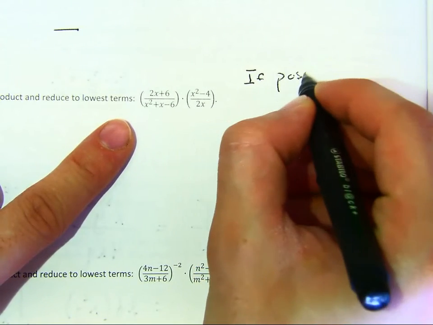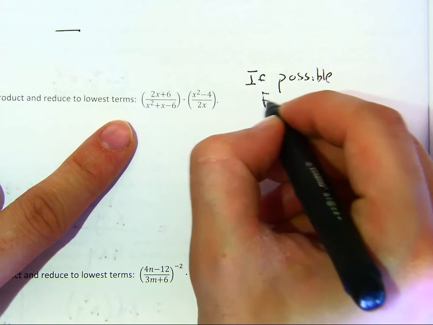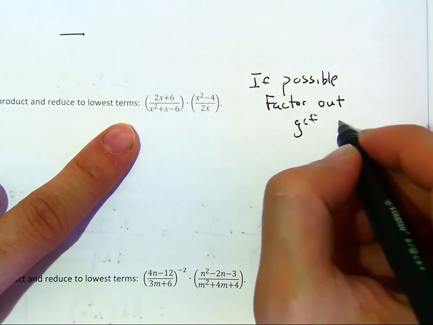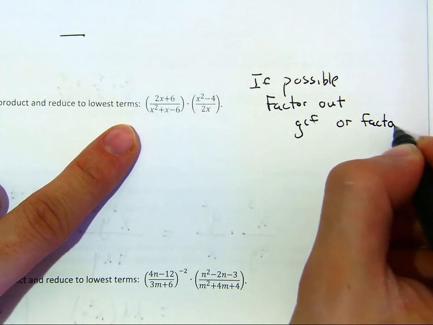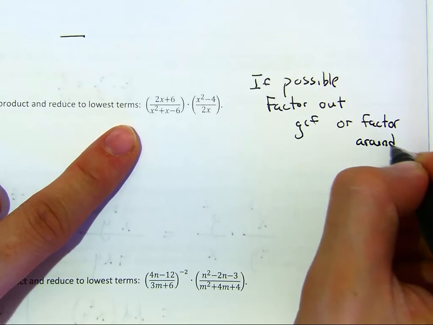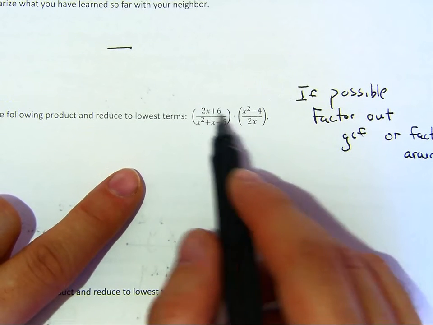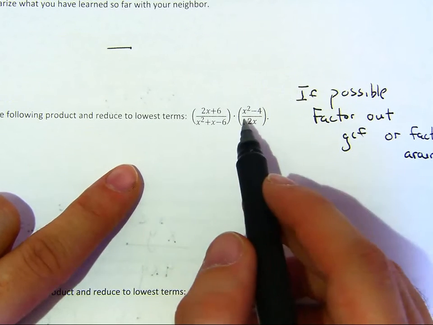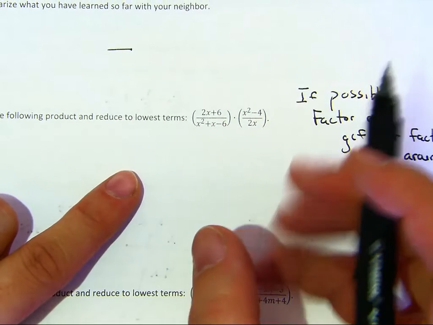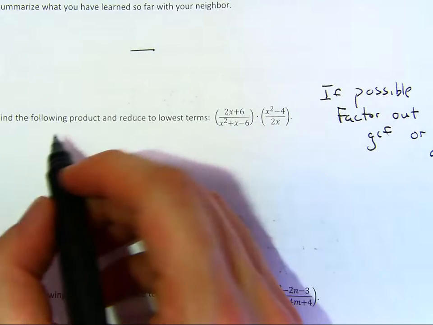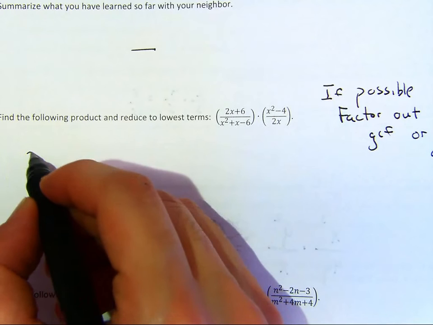Remember, always, always, always, if possible, factor out the GCF or factor around, multiply, and reduce it to lowest terms. Simplify the fraction. Okay? Pause the video and try and do it by yourself.